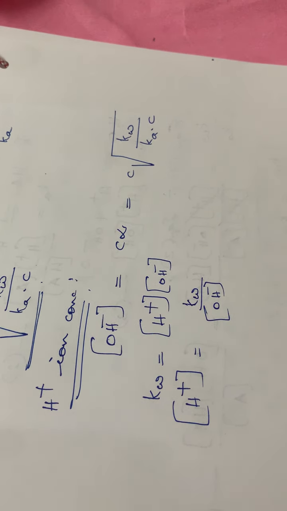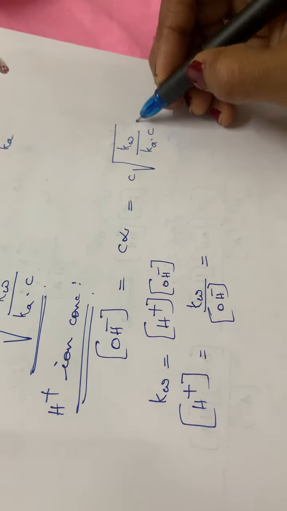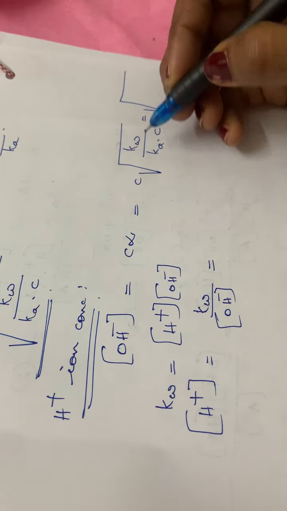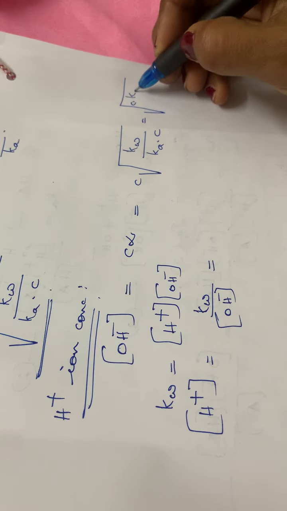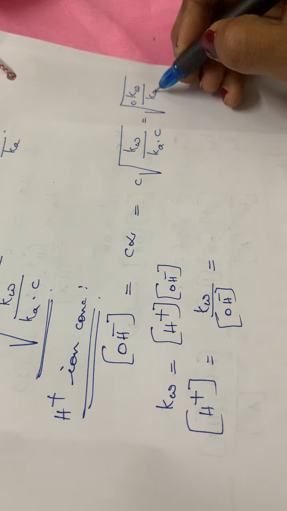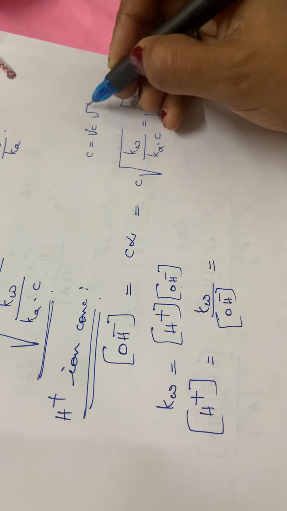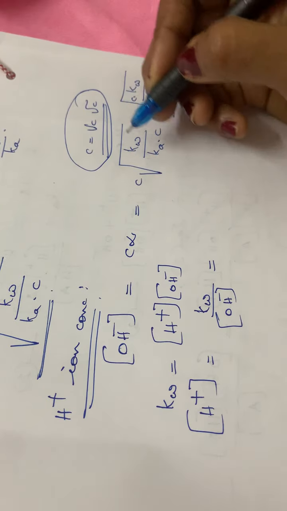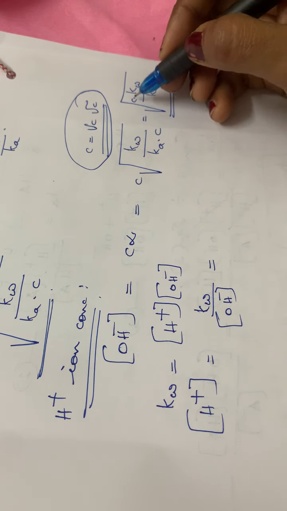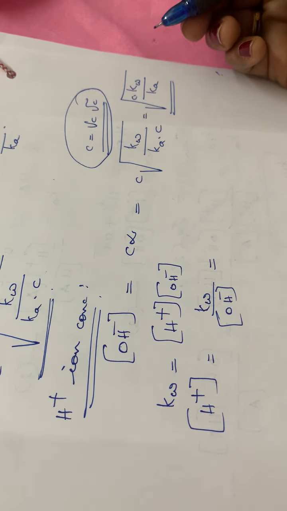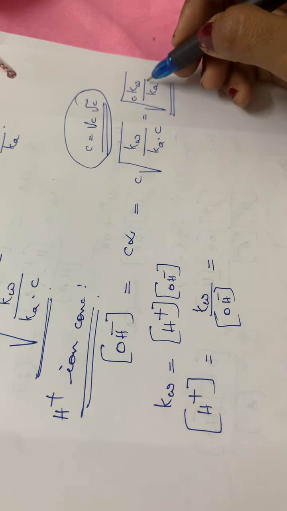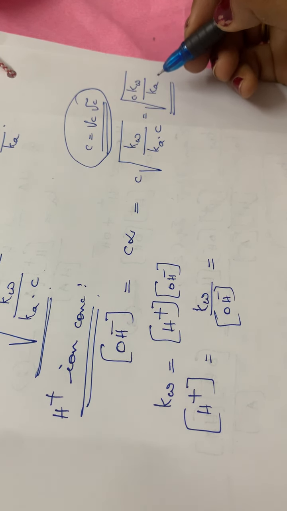Let us simplify. This becomes root C into root KW by Ka, since C is equal to root C into root C, so one root C will be cancelled. This root C will be there in the numerator, so root C into root of KW by Ka.